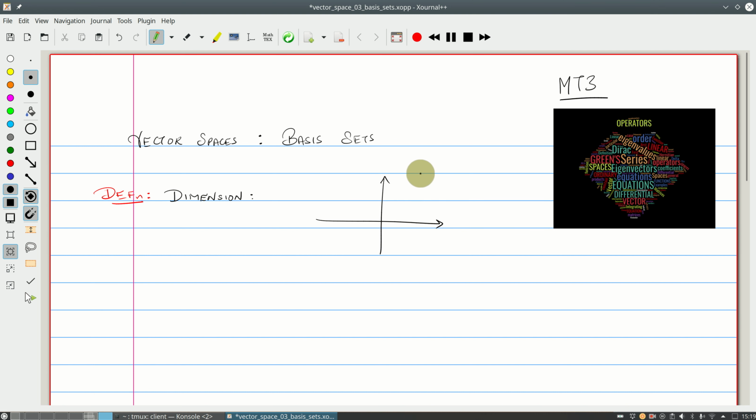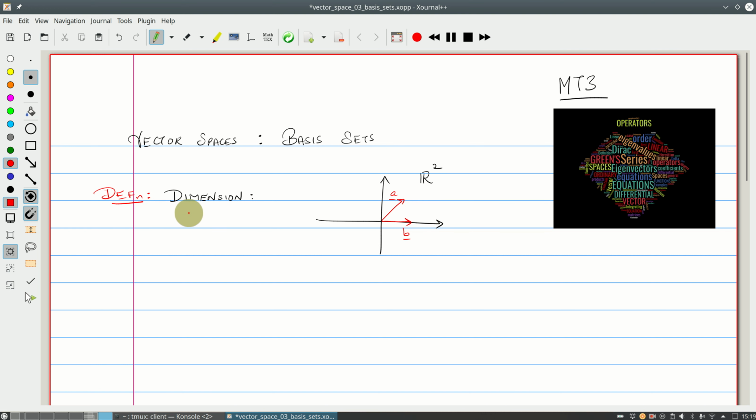So two-dimensional real space is written as R squared, and here we could have a maximum of two vectors which are linearly independent. For example, A and B are linearly independent vectors. We can't have more than two vectors being linearly independent in this space. If we did, it would be a three-dimensional space. So this is the maximum here.